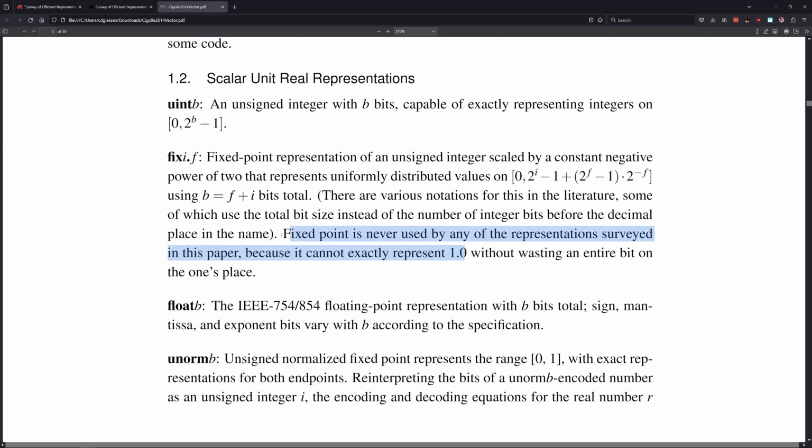So we don't use fixed point anywhere because it can't represent 1 without wasting an entire bit. That's kind of lame, but understandable.